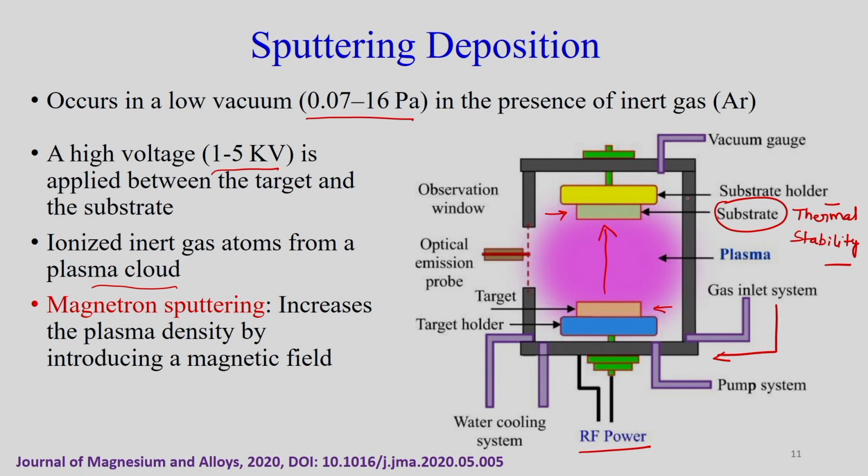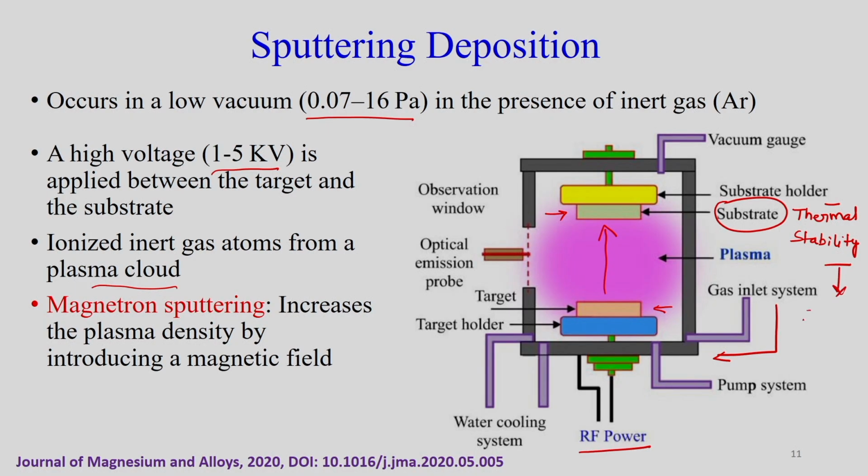The thermal stability of the material or your substrate is important, and many times during the deposition it alters the crystal structure, or it can even alter the composition of the outermost layer.